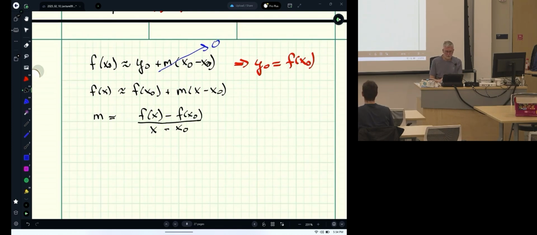And we want this to work for x close to x0. So we let x equal x0 plus h, absolute value of h less than our number delta, whatever we were choosing for that. So for h small.